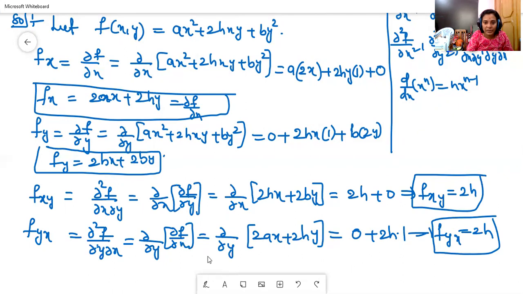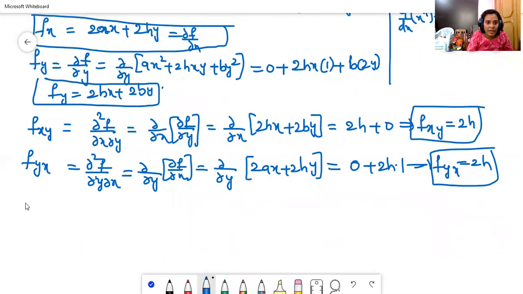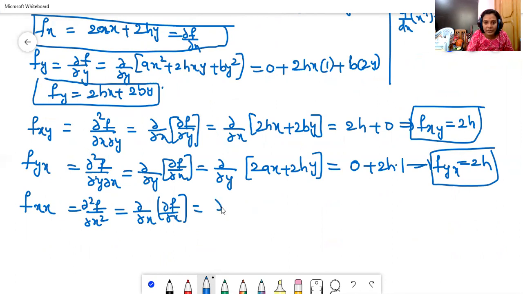Next we find f_xx, that is ∂²f/∂x², equal to ∂/∂x of ∂f/∂x, which is ∂/∂x of 2ax + 2hy.